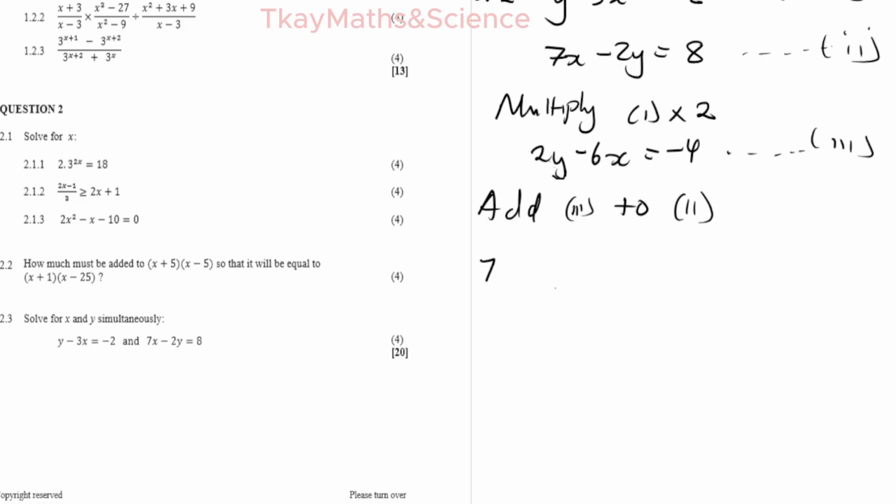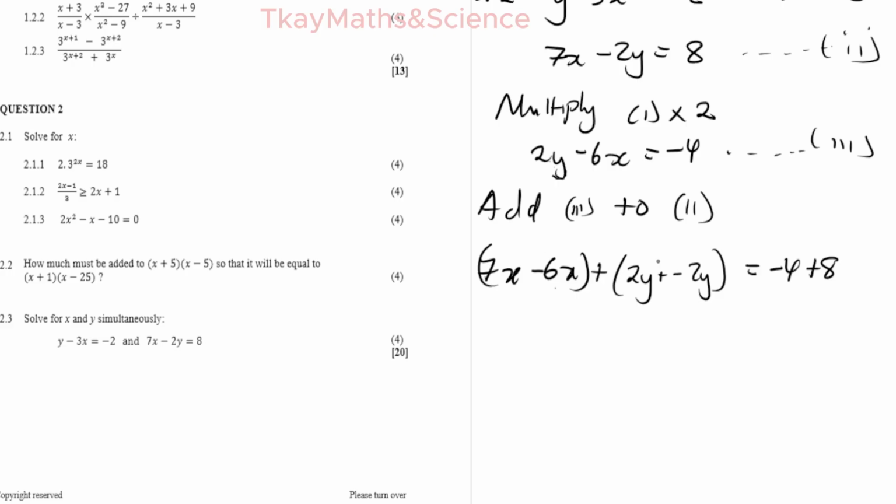Okay, so now when we add, we're going to have 7x minus 6x, we're just taking the common terms here, plus 2y plus minus 2y, then we get to this side as well, minus 4 plus 8.